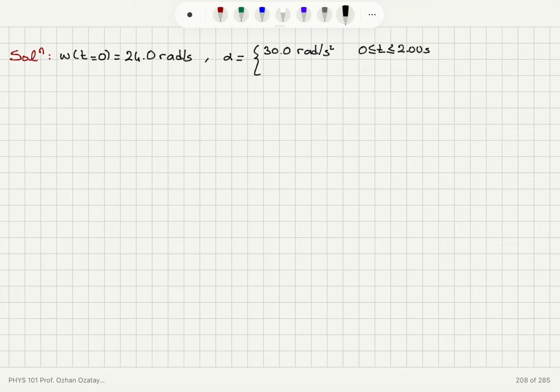And it is alpha prime for t greater than 2 seconds, which is one of the things that we need to find. Now, in part A of the problem, let's start with what is happening between t equals 0 and t equals 2 seconds.